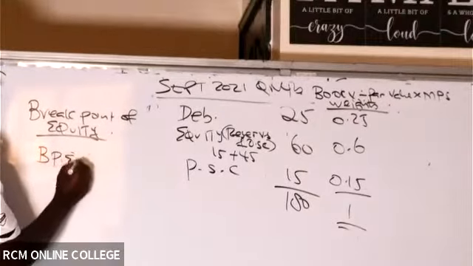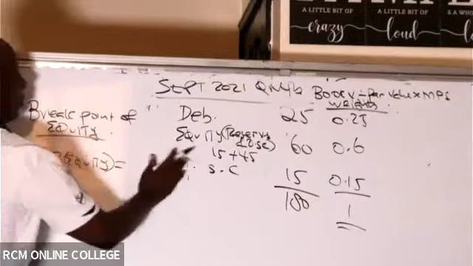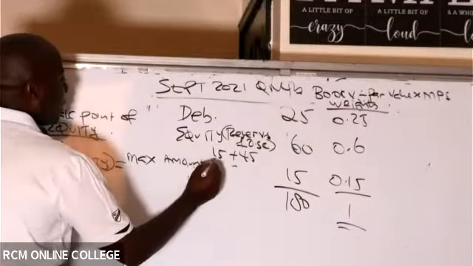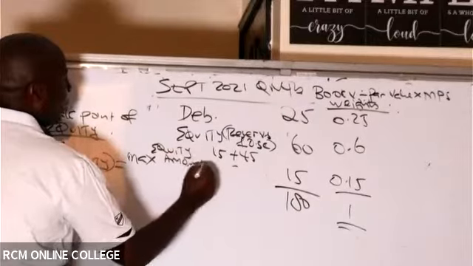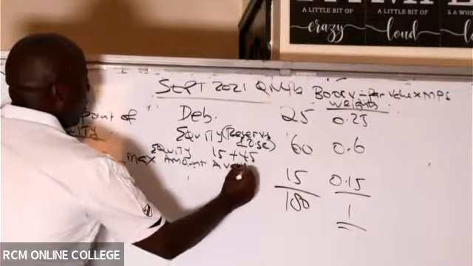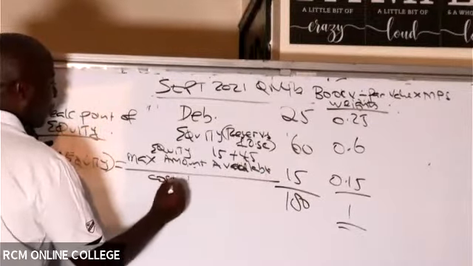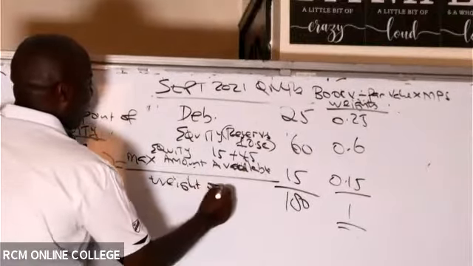For the breakpoint of equity, we shall take the maximum equity amount available, all over the weight of equity.